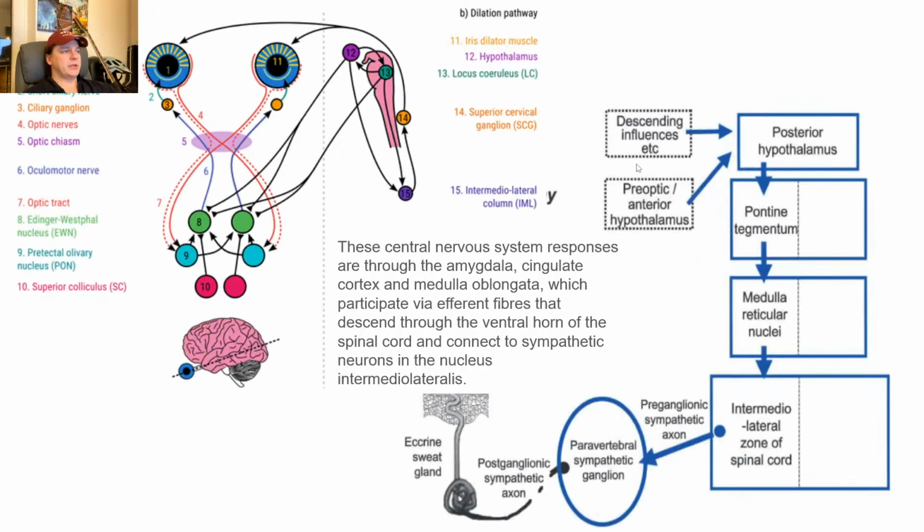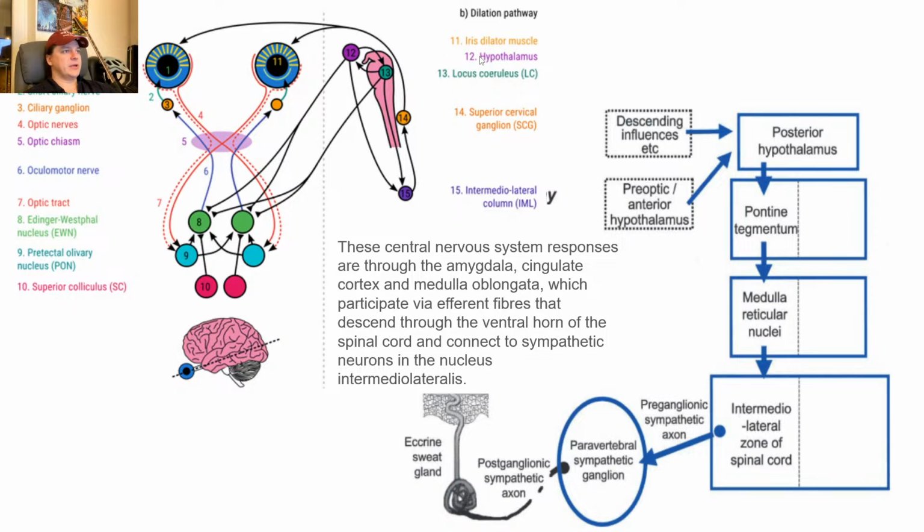In more detail, the general scheme for the eccrine sweat glands is the hypothalamus, then it goes through the pons, through the medullary reticular nuclei, to the nucleus intermediolateralis in the spinal cord, and then the paravertebral sympathetic ganglion, which is level C8 T1 in the case of sweat glands, and the same components in the case of dilatation of the pupil.